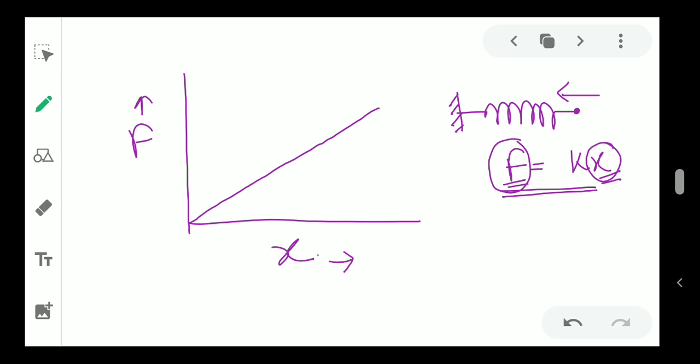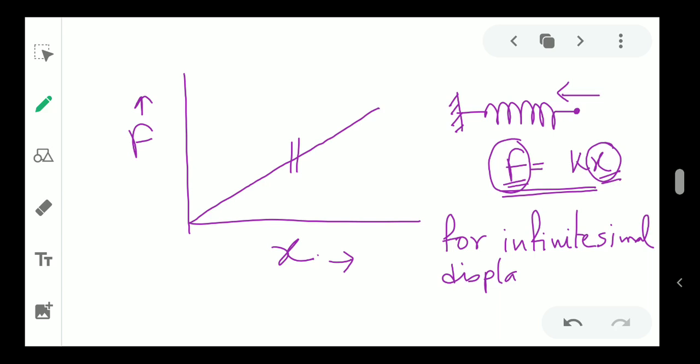So in this case, how will we find the work done? We will take a small portion of displacement, an infinitesimal displacement, dx.